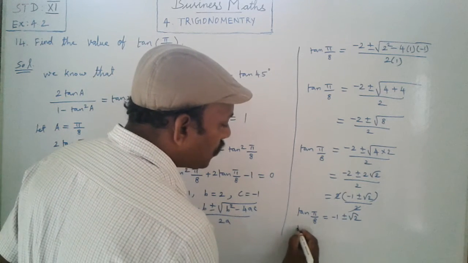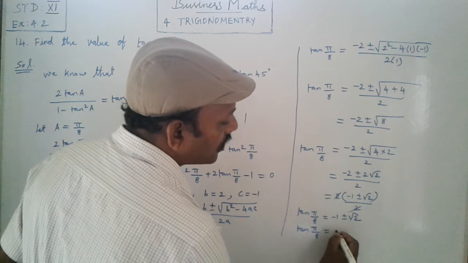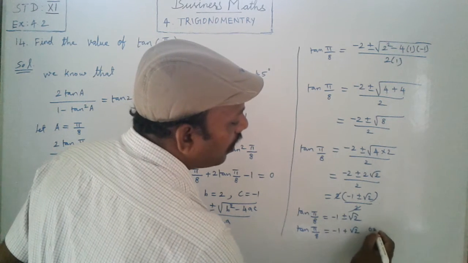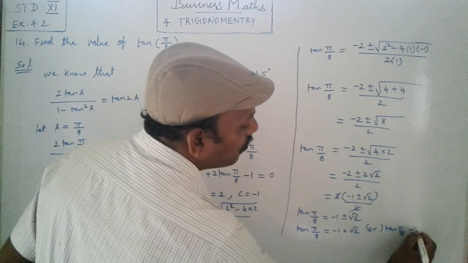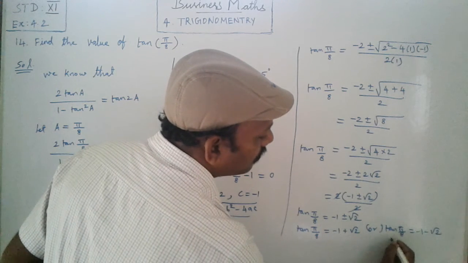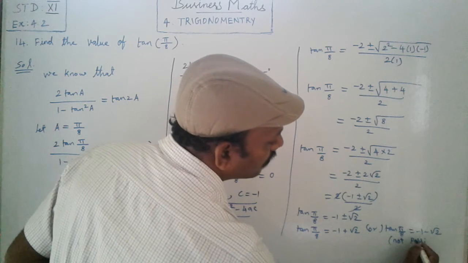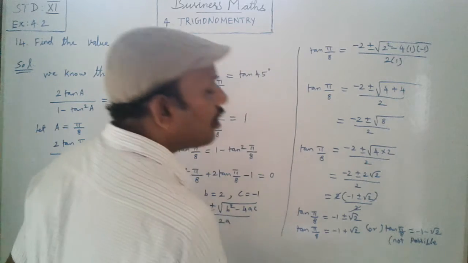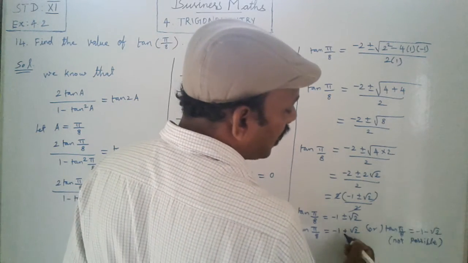So tan pi by 8 equal to minus 1 plus root 2, or tan pi by 8 equal to minus 1 minus root 2. That is not possible, because pi by 8 is an acute angle.